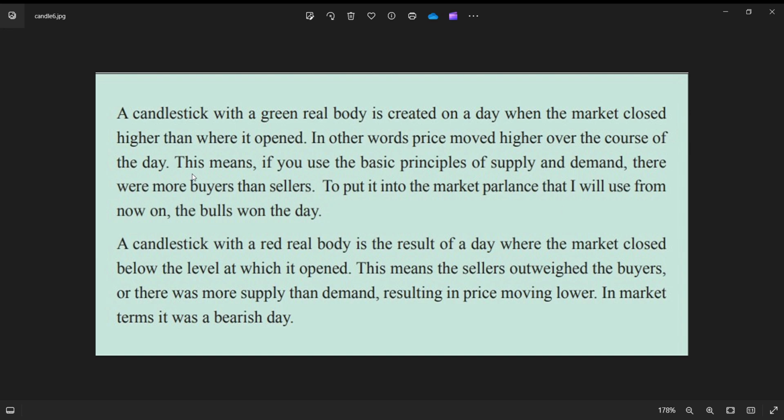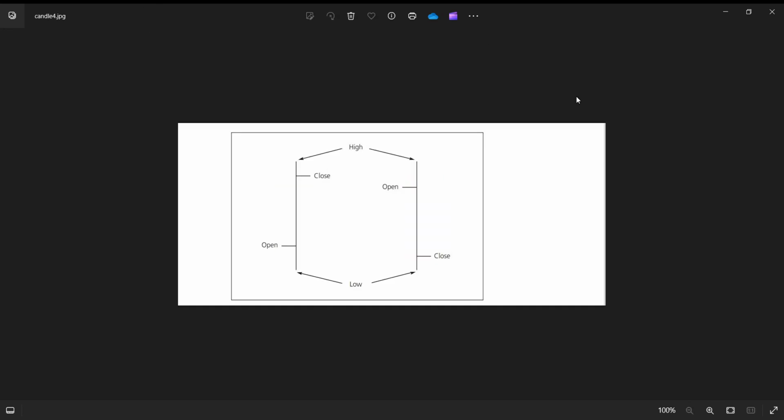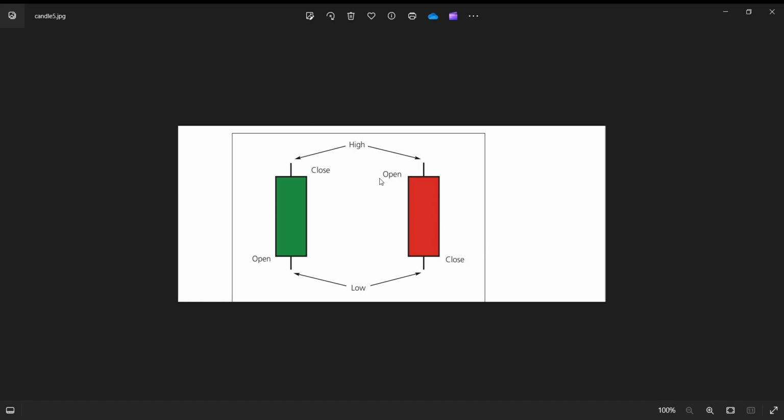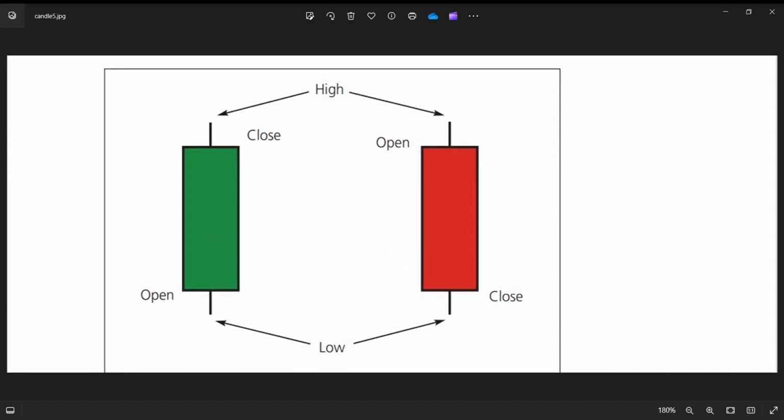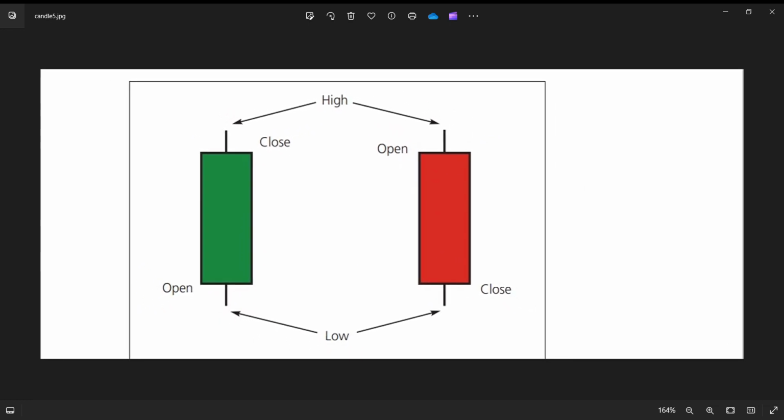Now, we can see that very easily. If we go back to this pattern here, we could discover something: it is clear to see that both of them have a low and high. We have no problem with that, right? But they open and close at different levels.